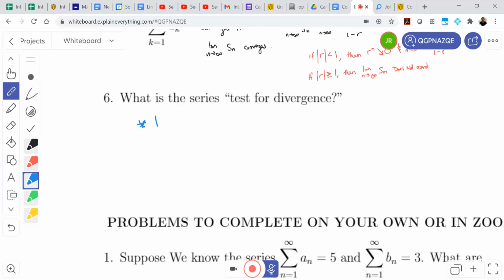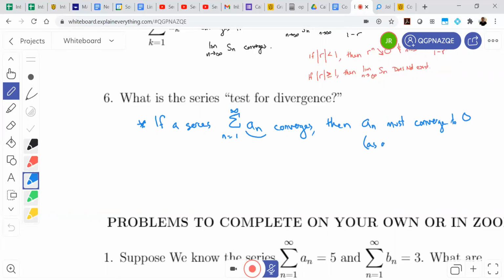I'm going to write it in two different equivalent ways. It says if a series converges, then the individual terms of the series, the a sub n's that make it up, the individual a sub n's must converge to 0 as a sequence.